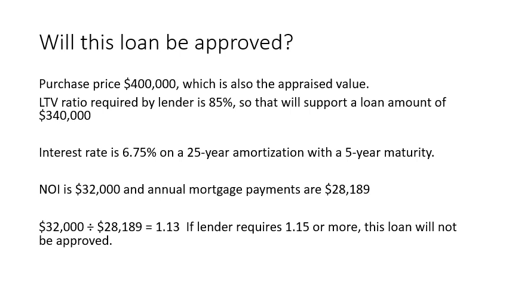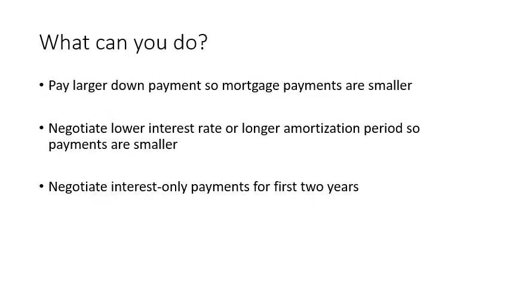If the lender requires 1.15 or more, this loan will not be approved, even though the appraisal came in right, even though the credit score is perfect, even though all these other things. It will not be approved for this reason, because of the debt coverage ratio.